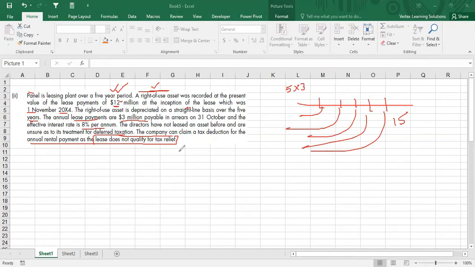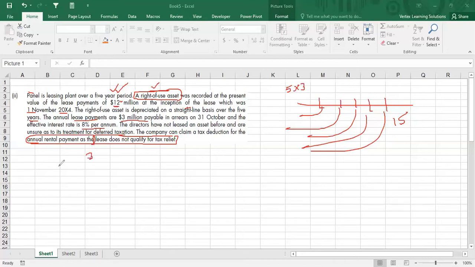Now here comes a little bit of contradiction, because you are considering it as a lease and as a right of use asset, but the tax authorities are not taking it as your asset. The tax authorities are saying that in your income statement, you will be treating it as an annual rental payment, which is 3 million.